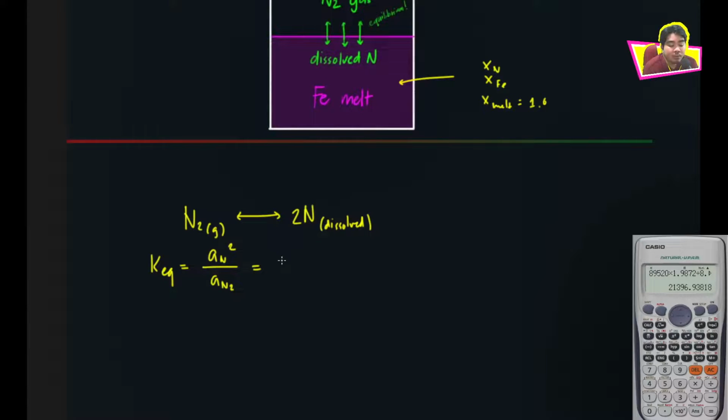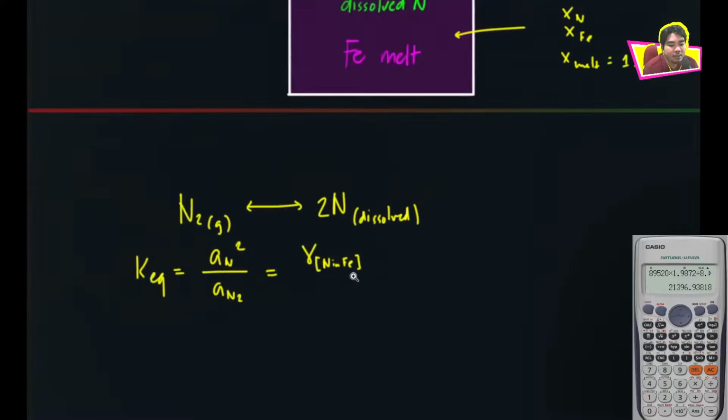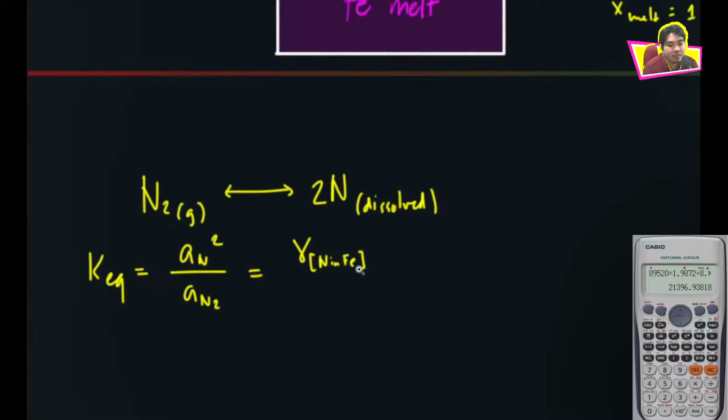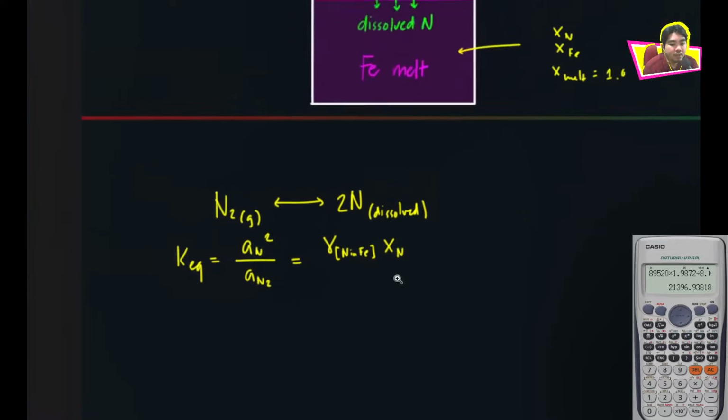So if it's non-ideal, then its activity should be equal to the thermodynamic activity coefficient, alpha N, and more specifically, this should be N in Fe, kasi magkaiba yung activity coefficients nila pagka magkaiba din yung host atom. Okay? So to be specific, we say na this is N in Fe. Okay? So that's alpha N in Fe multiplied by the molar fraction of N.